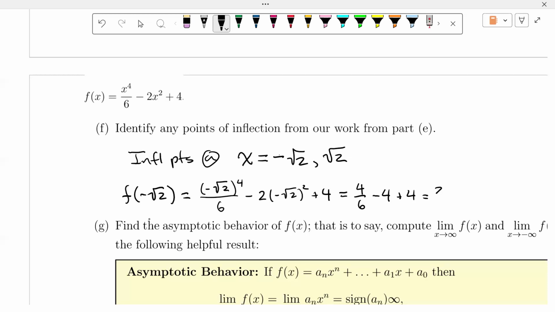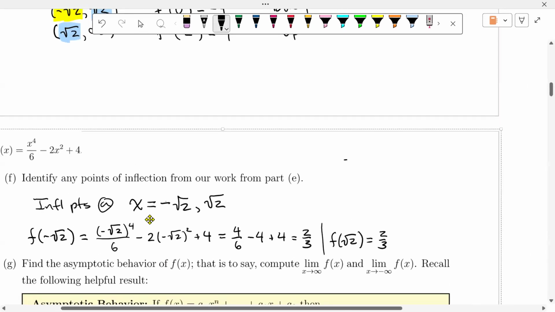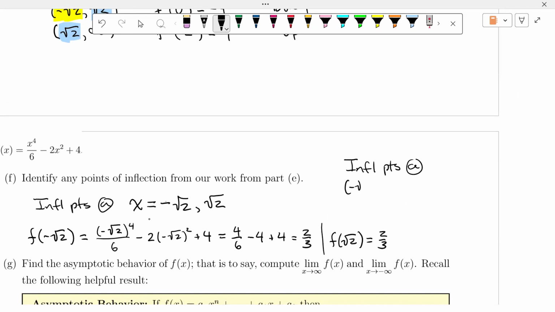I'm left with just 2/3 right there. And does anyone want to guess what f of +√2 is? 2/3. And so now I've got something very good here. I've got inflection points at, one is at -√2 and 2/3, and the other is at √2 and 2/3.